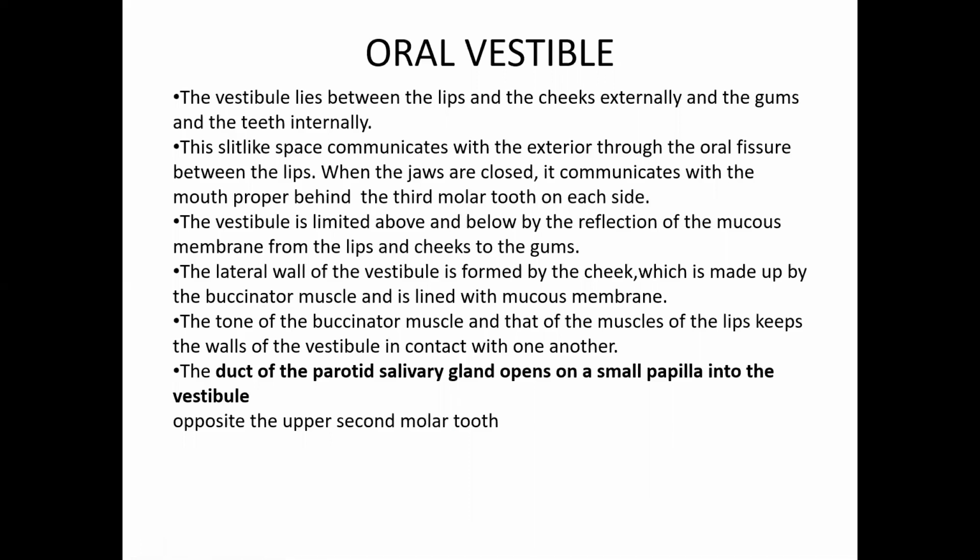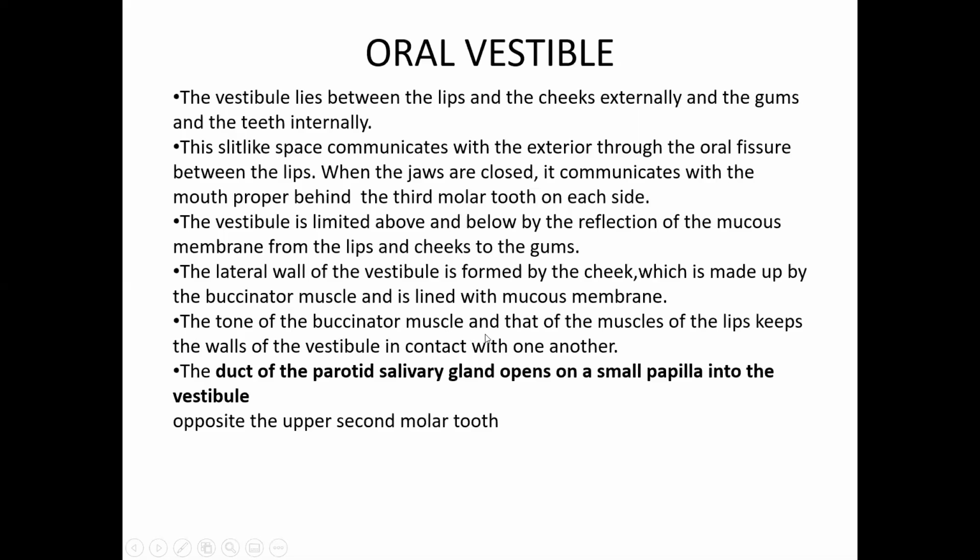Because if unnecessary folds of the mucous membrane occurred, they might be bitten between the teeth. So the elastic fibers, which attach the mucous membrane to the buccinator muscle, prevent unnecessary folds when the mouth is closed, to prevent biting between the teeth.